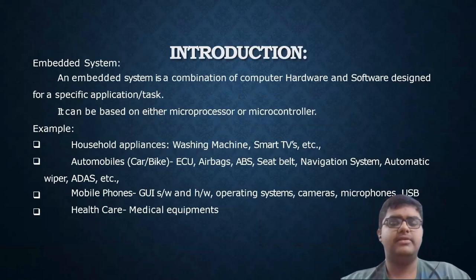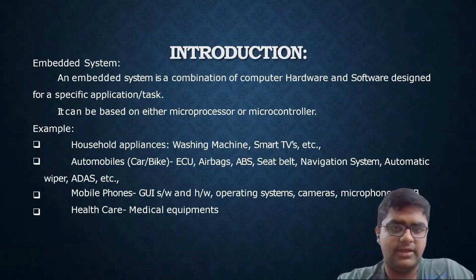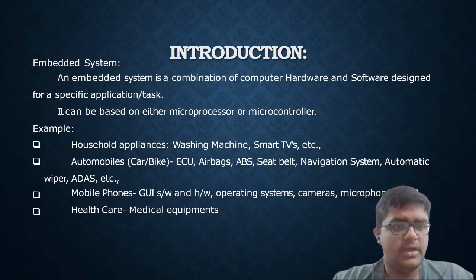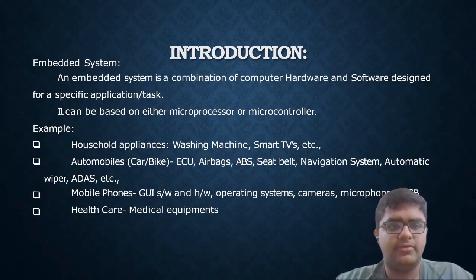So, introduction. We are learning what embedded systems are here in the Emertxe internship. Basically, an embedded system is a combination of computer hardware and software designed for a specific application or task. It can have multiple examples.